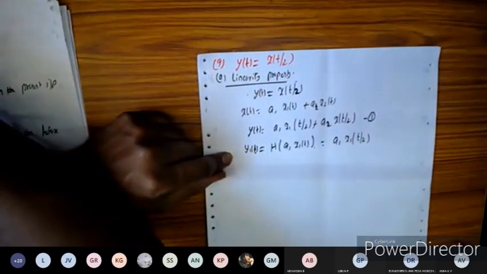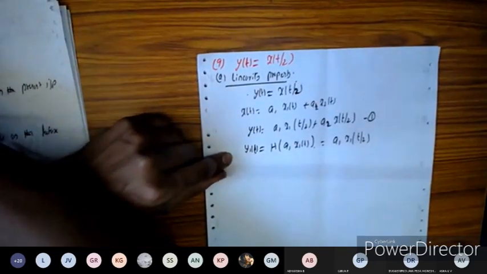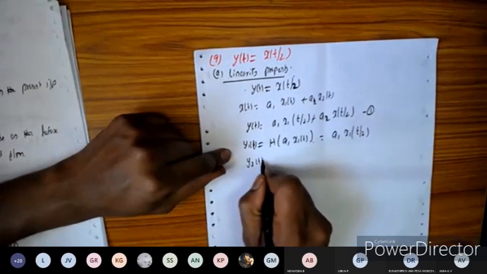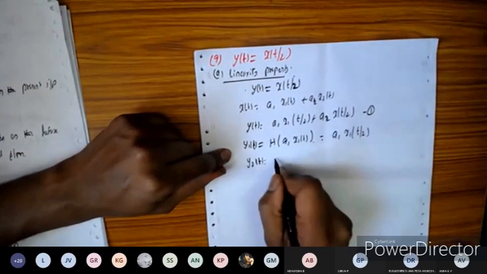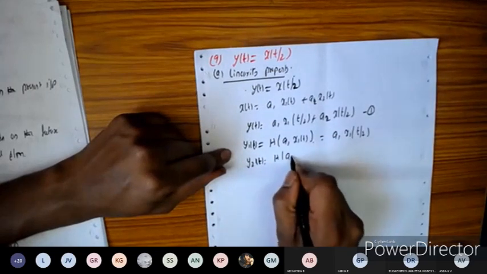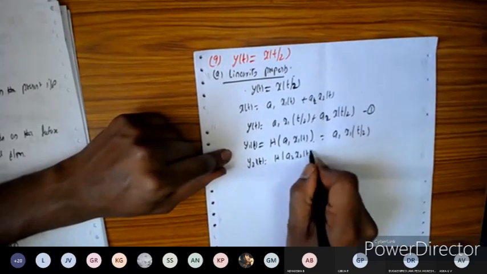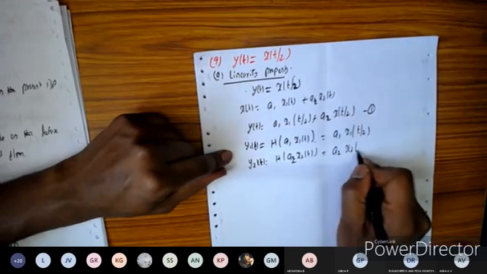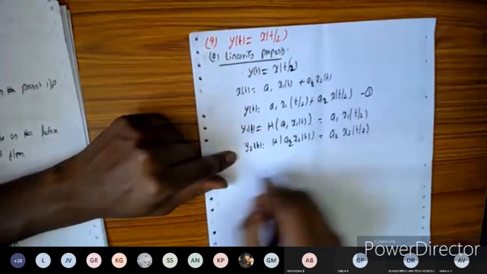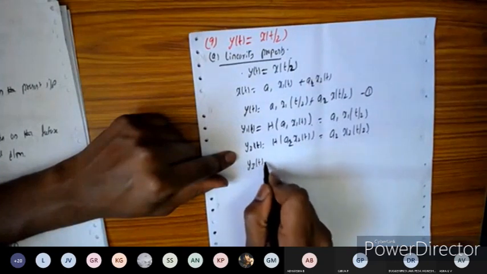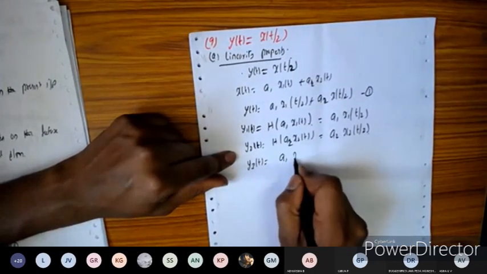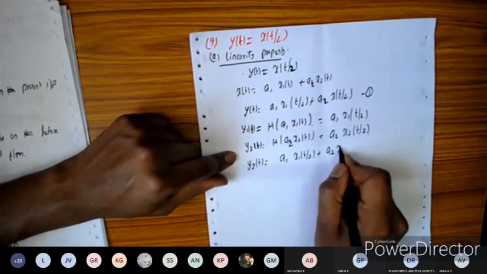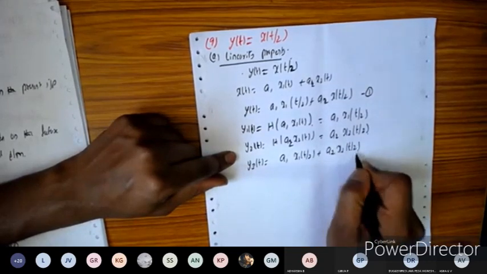Similarly, y2 of t is the response to a2 into x2 of t, so the output will become a2 into x2 of t by 2. Let us combine these: y3 of t is equal to a1 into x1 of t by 2 plus a2 into x2 of t by 2.